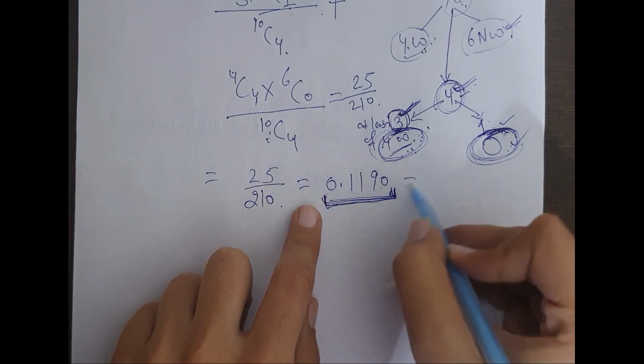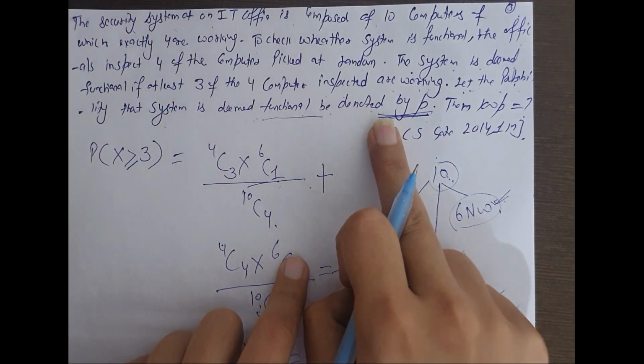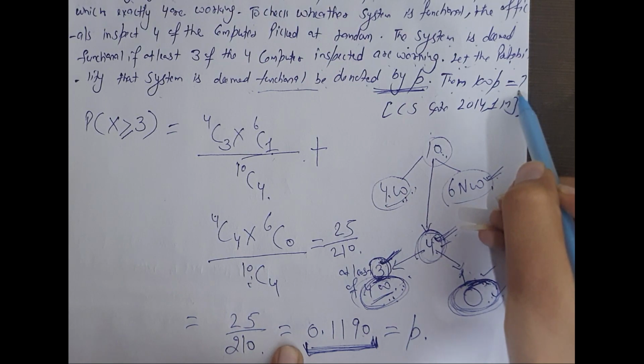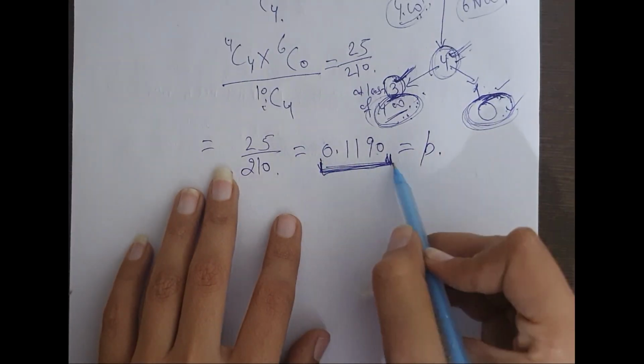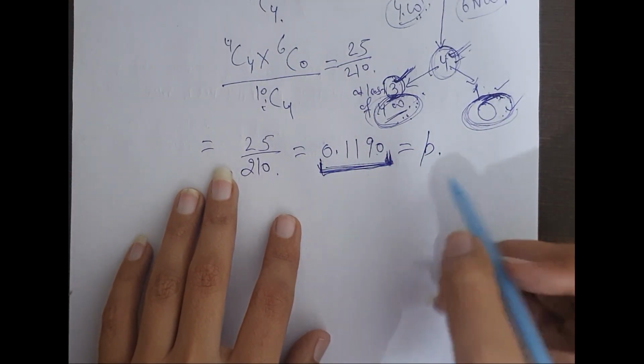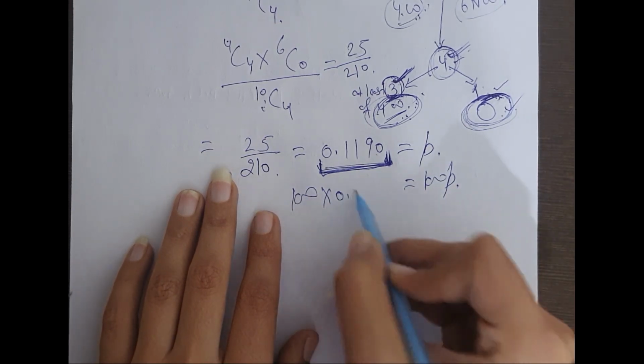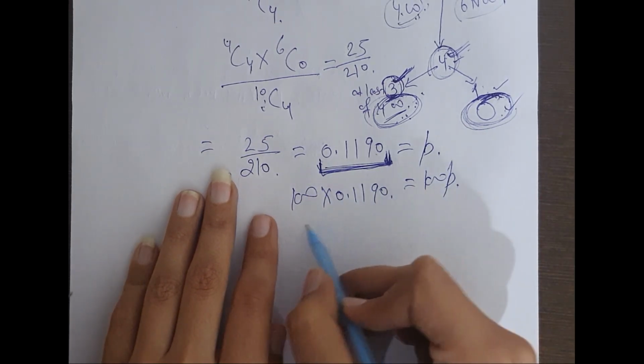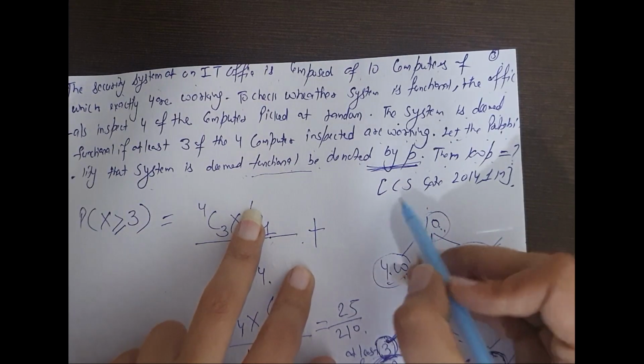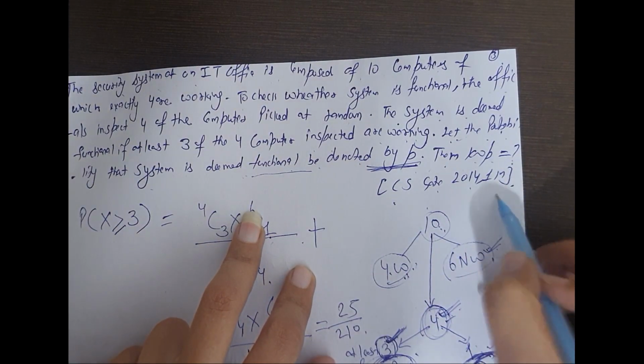We are denoting it with P because it's mentioned in the question. Then if this is P, then 100P will be, multiply this with 100. Now the answer will come out to be this. This is CS GATE 2014, only a 1 mark question.